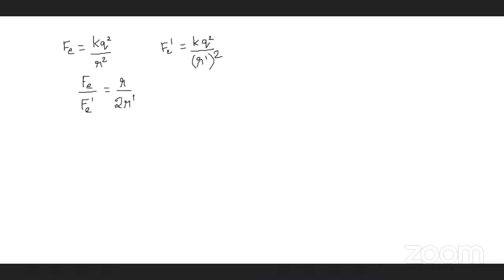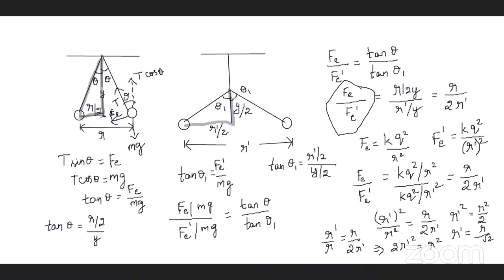So this is the equation which we arrived from the tan theta equations. So Fe by Fe prime equal to r by 2r prime. So this step we have already arrived based on the tan theta equations.